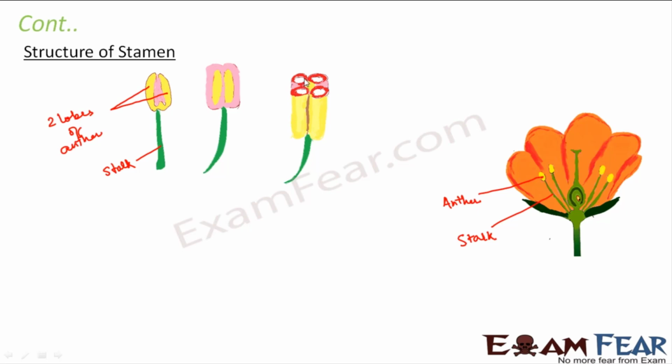It has 4 lobes and these lobes are known as pollen sacs. These lobes contain the pollen grains, so the pollen grains are present inside the pollen sacs.